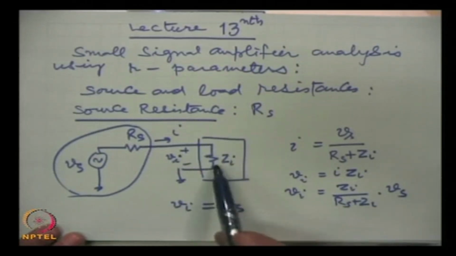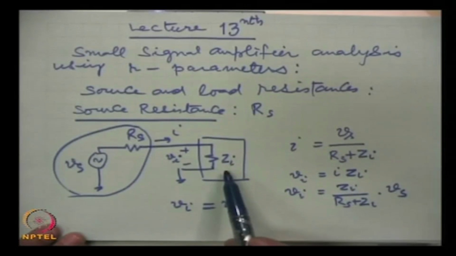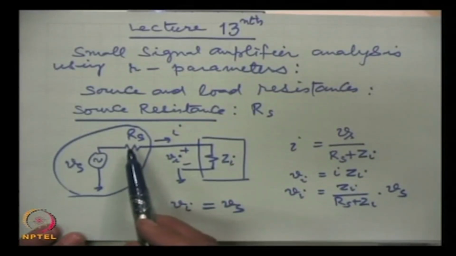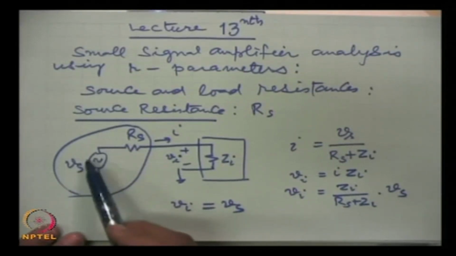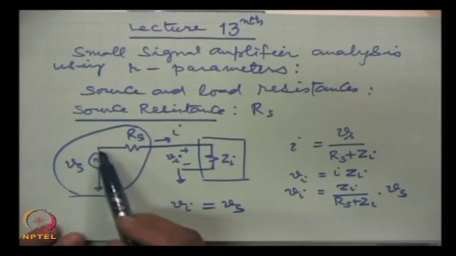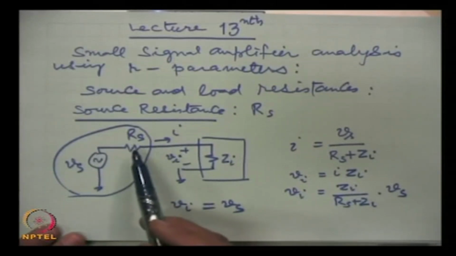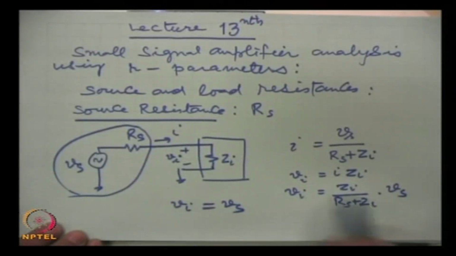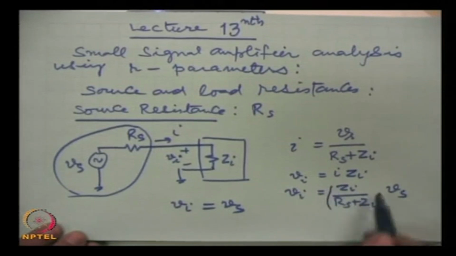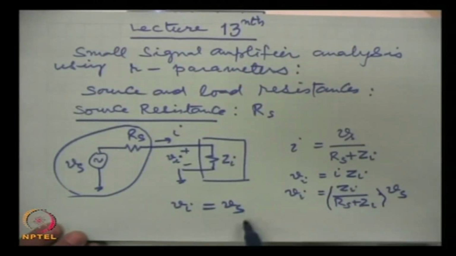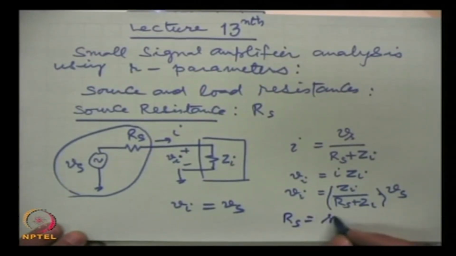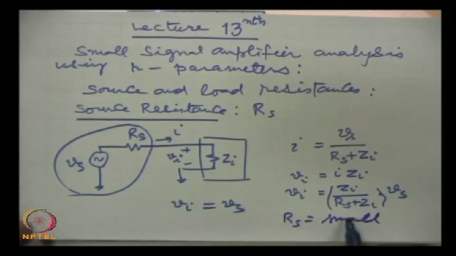This is the amplifier, Zi is the input impedance of the amplifier, Rs is the source resistance, source impedance, that is, if it is an oscillator, then whatever impedance the oscillator has. It is obvious from here that Vi will be equal to Vs if Rs is small enough as compared to Zi.